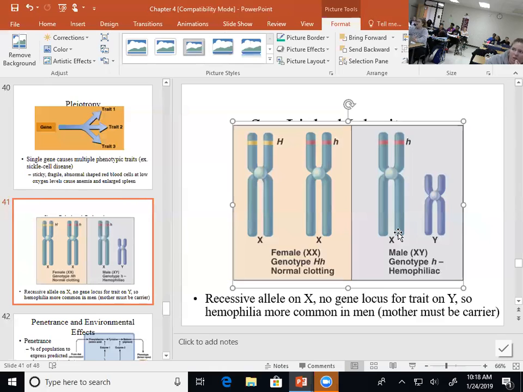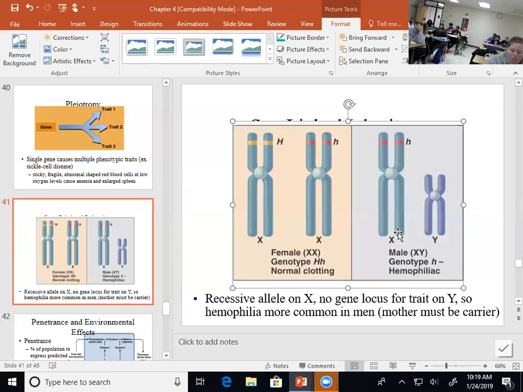There are traits that have to do with blood clotting, traits that have to do with color, if you're going to be able to see colors, traits that have to do with your mental acuity, your cognitive ability.